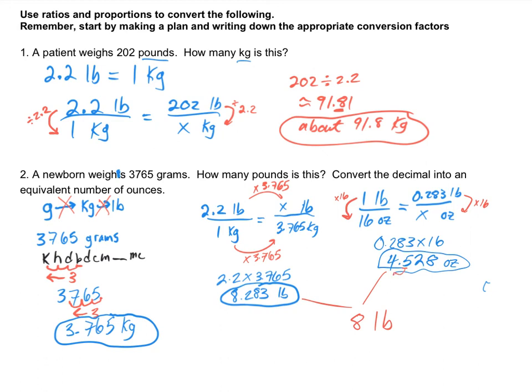Let's round this to the nearest whole number. This would be 8 pounds, 5 ounces. So we're going to round this to the nearest whole number, and this is 0.5, so that would bump that up to 5. You might also be asked in the future to keep that as a decimal, so a more accurate answer might be 8 pounds, 4.5 ounces. Either one of these right now is okay.